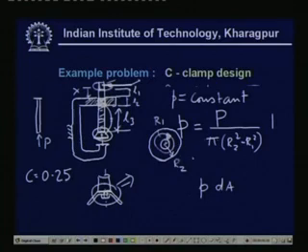Therefore, the friction force will be mu times P times dA, and then we have to find the torque. The direction is always opposing the motion, so the direction will always be tangential here. Therefore, to calculate the net torque, we have to multiply it by r, the radius of this elemental area from the center, and then integrate over the entire area A, and this will be the torque.